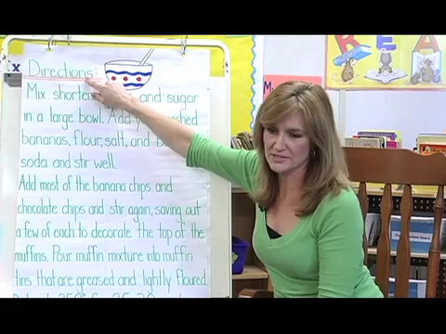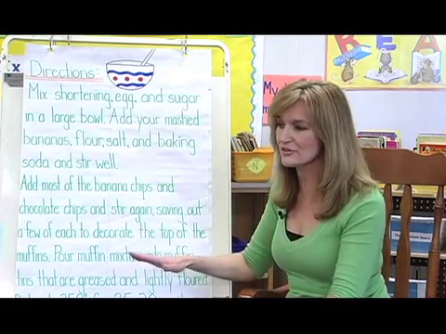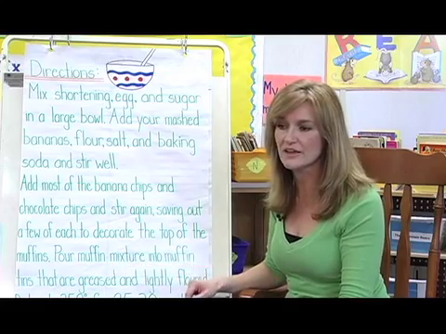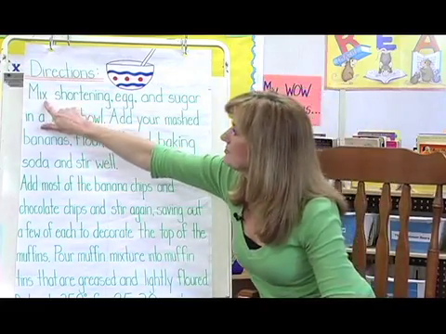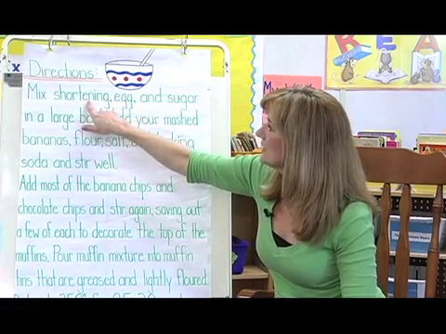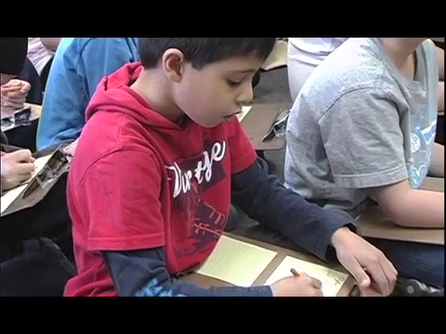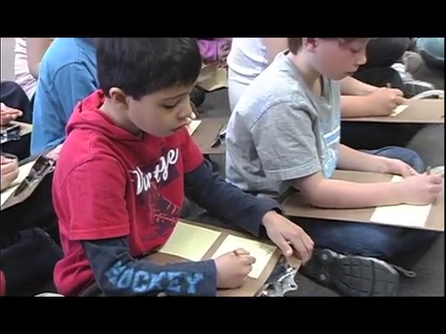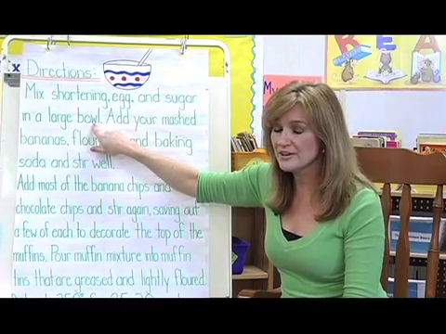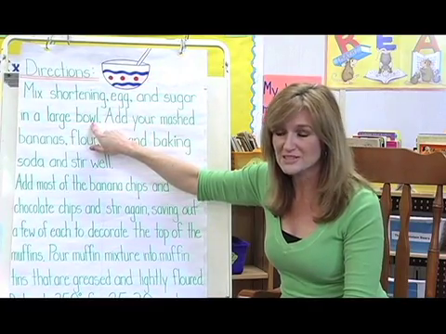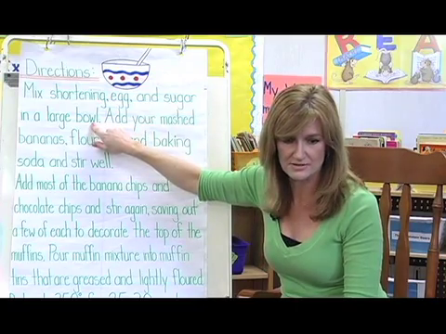While we read the recipe, if you see a verb or hear a verb, any verb, whether you think it's effective or not, write it down. Here we go. Mix shortening, egg, and sugar in a large bowl. Now remember, there will be a verb in every sentence because a sentence must have a verb to be a sentence.